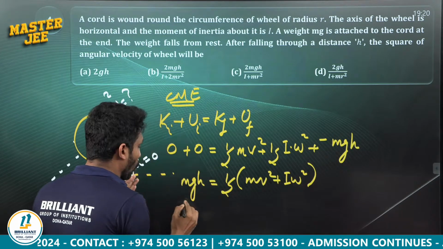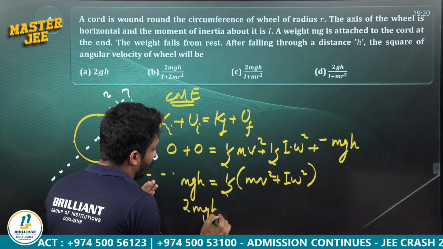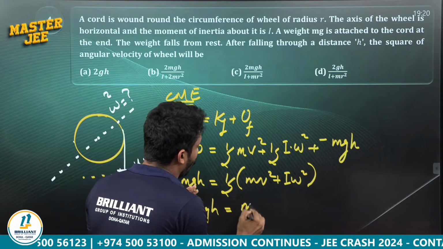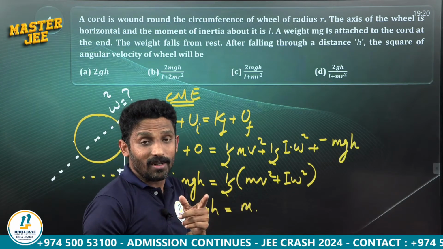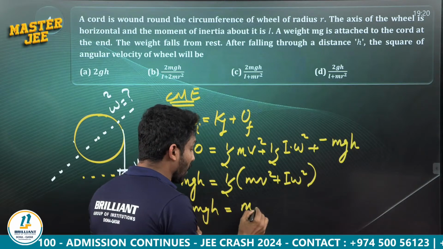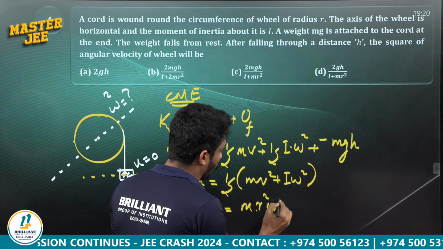Clear? 2 mgh is equal to m into v square plus I omega square, where v is r omega. So v square is r square omega square.